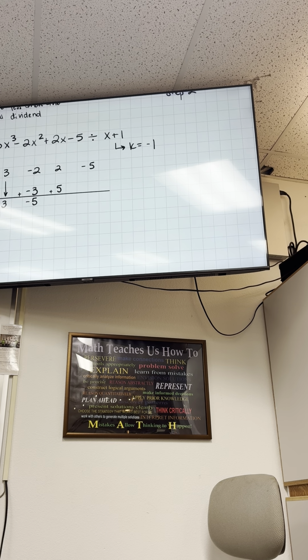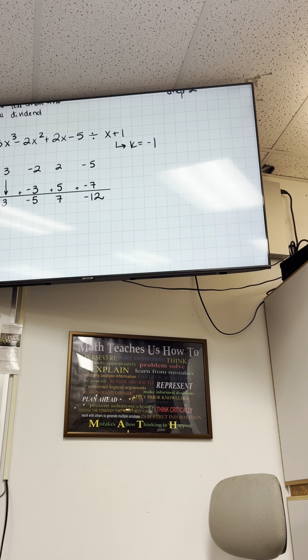Add those together to get 7. Finally, -1 times 7 is -7, which goes below the -5. Add those together and you should get -12. So before I format our solution, do you guys have any questions on those steps? Just on how I got those values?